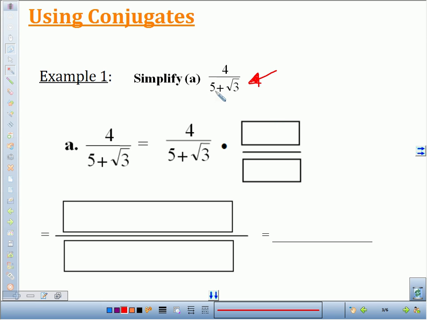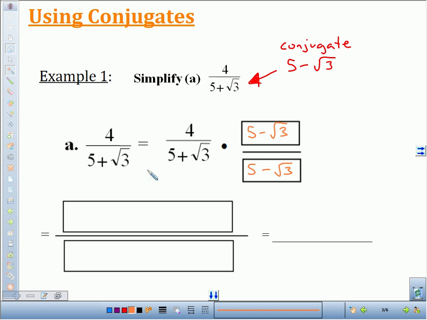Since this is 5 plus the square root of 3, the conjugate is 5 minus the square root of 3. That's my conjugate. So that's what I'm going to multiply the top and bottom of this fraction by. I multiply the top by 5 minus the square root of 3, and I multiply the bottom by 5 minus the square root of 3.